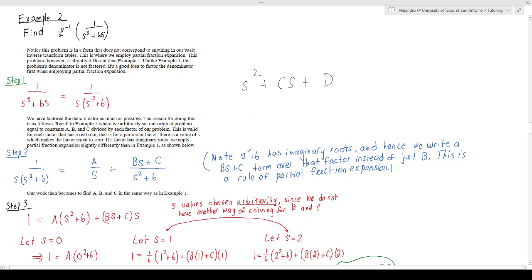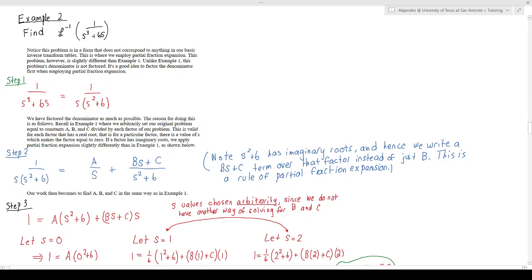So it has the form of a basic polynomial where we're just adding more and more terms. But in this case, we have s squared plus 6, so the highest order here is 2. That's why the highest order on the top is going to be 1, so we're going to have bs plus c. That's a good thing to remember.